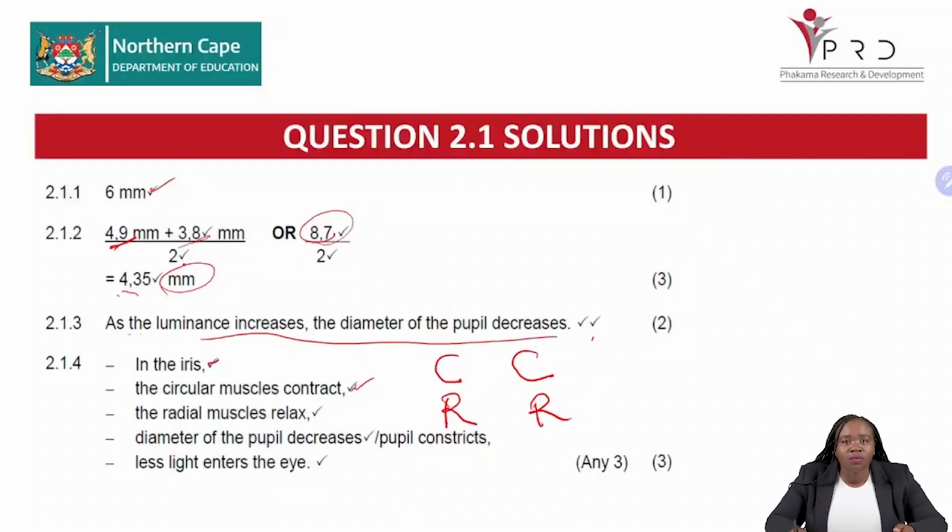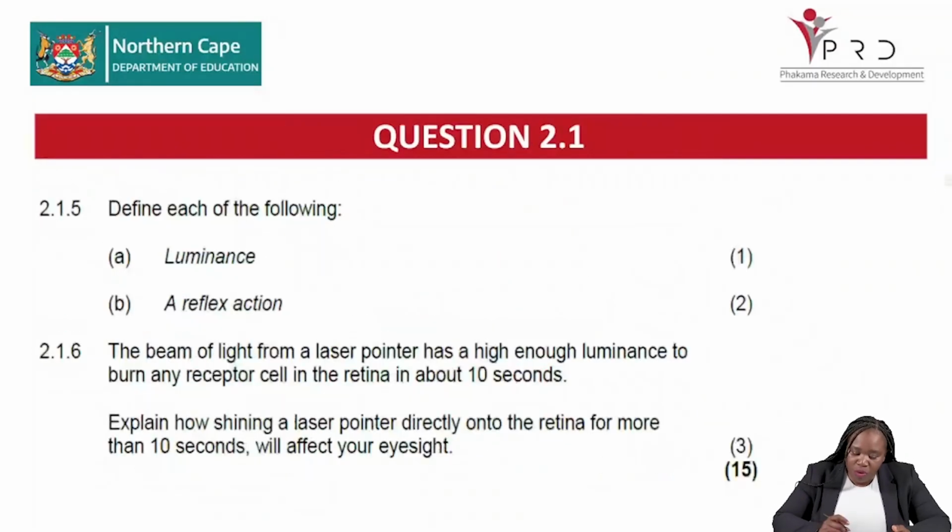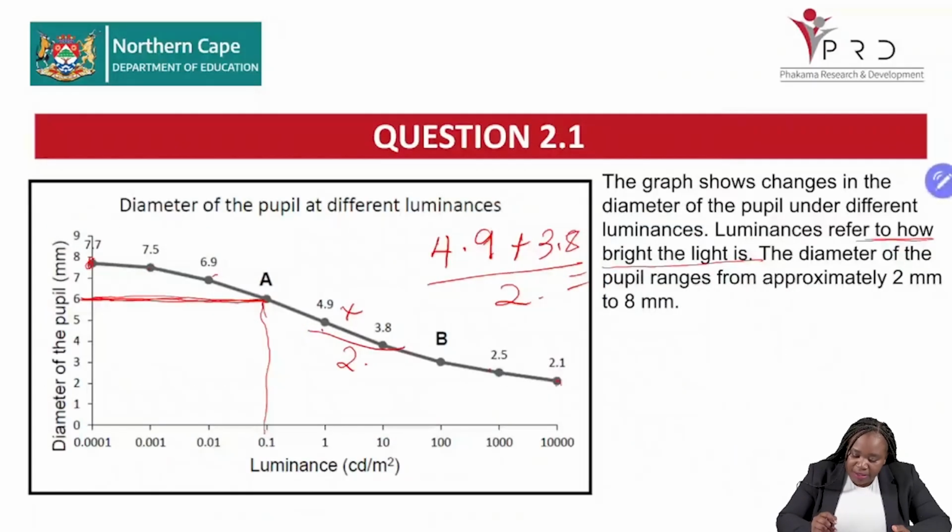So, this is pupillary mechanism in bright light. Why do we say it's in bright light? Because the brightness of the light keeps increasing, the luminescence keeps increasing, which is very important that they have told us what luminescence means. We were told here what luminescence is.